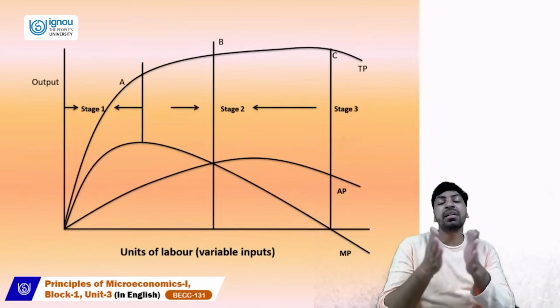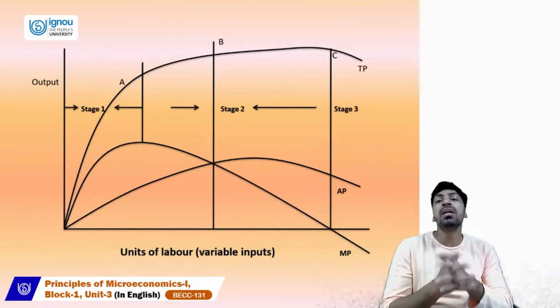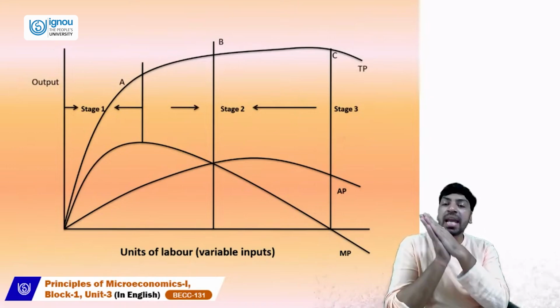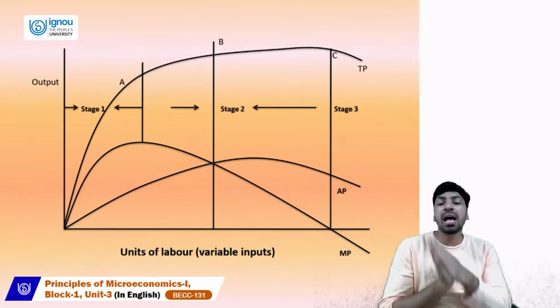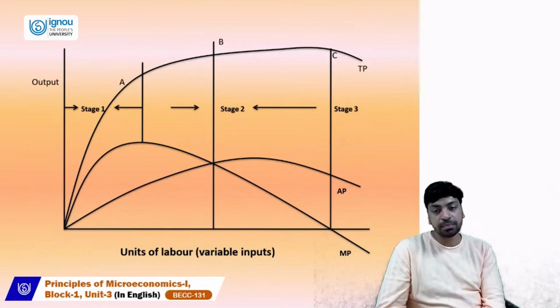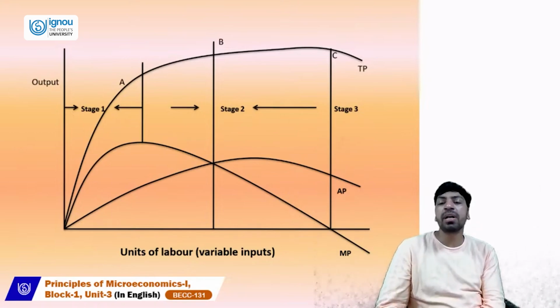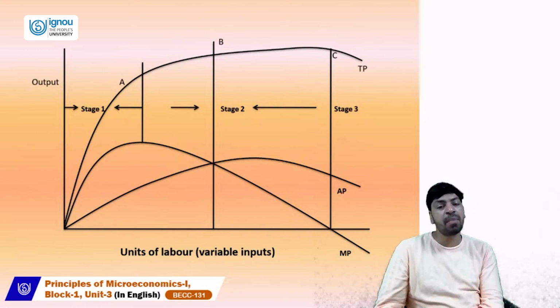That means the difference between the total product of the next unit and the last unit, and that's called marginal product. So these are the three categories of the product: total product, average product, and marginal product.